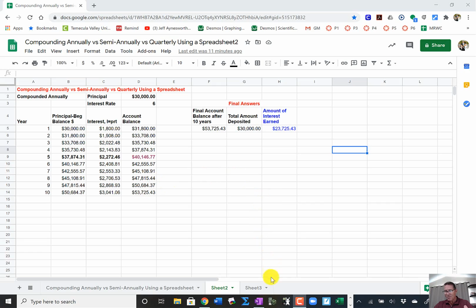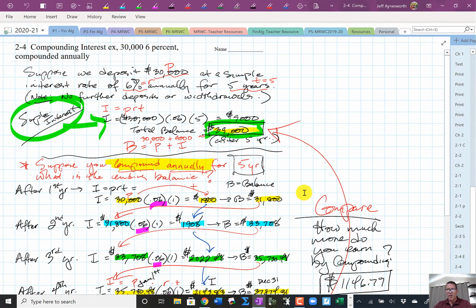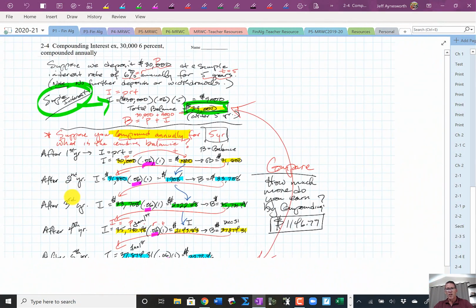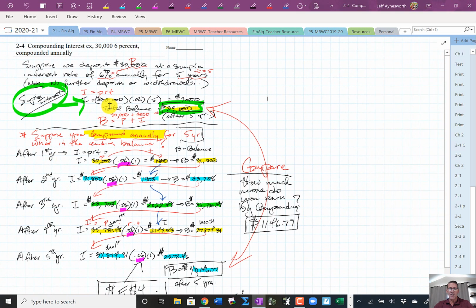And we did that first by hand. When I first led the lesson, we did all the mathematics by hand. We talked about how to calculate the simple interest after 5 years. We did a 5-year growth on this one, not 10, just because there are a lot of calculations involved. And then we did it compounding annually.